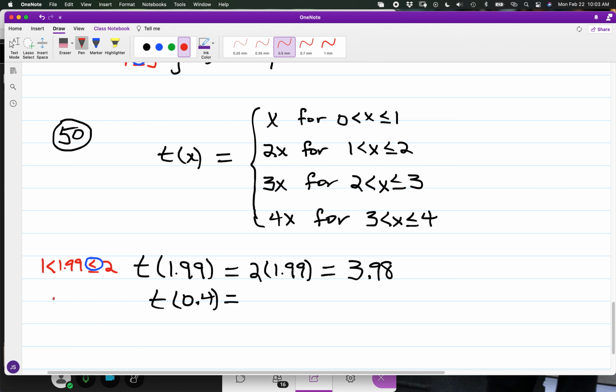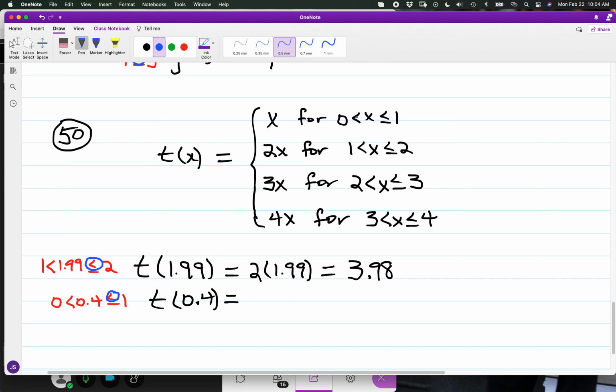So we do have that 0 is less than 0.4, and again it is less than the less than or equal to 1 part that makes this whole statement ring true. So 0.4 is going to be your x value. And for those values of x that are positive and less than or equal to 1, this just comes out to the value of the input. So we have 0.4.